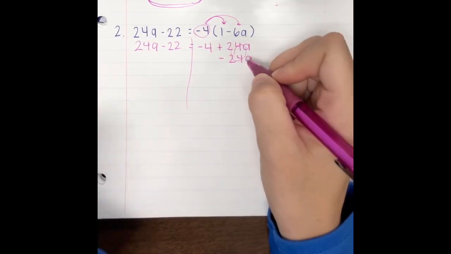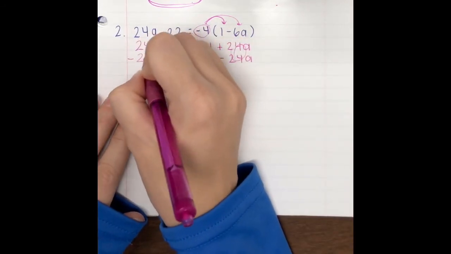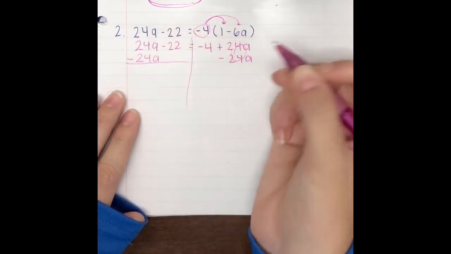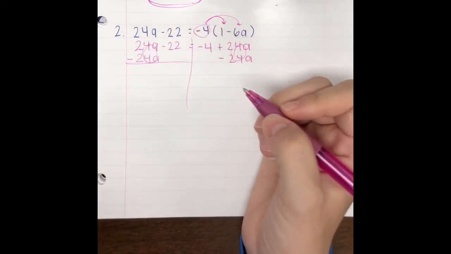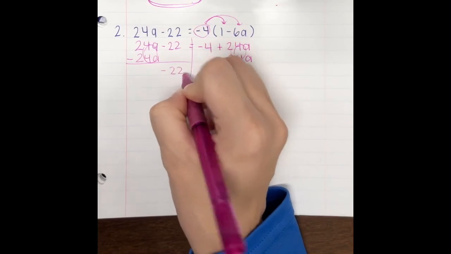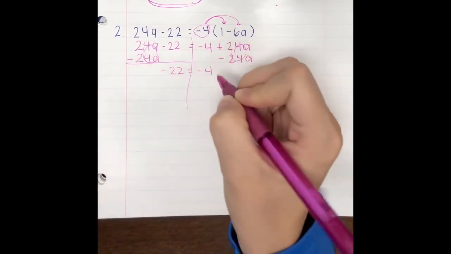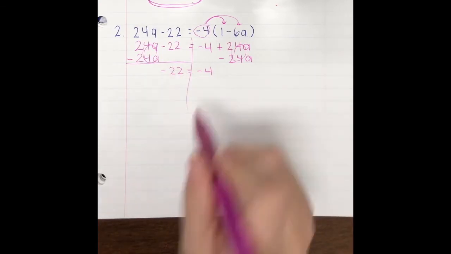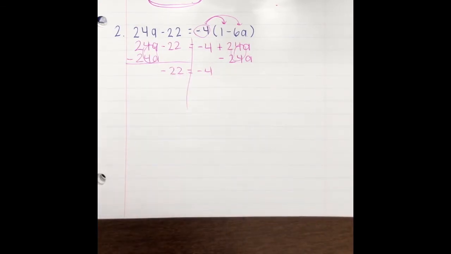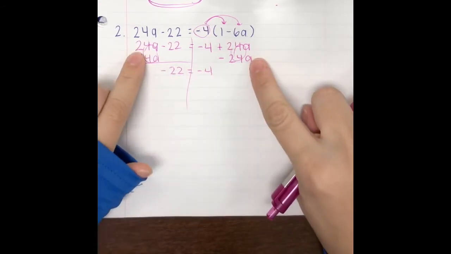And whatever I do to the right side, I have to do to the left side. Once again, 24a minus 24a is 0. So then I'm left with negative 22 equals negative 4.